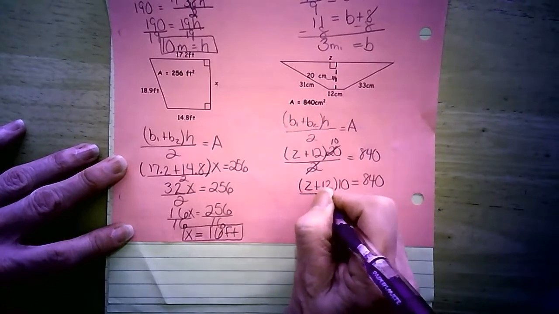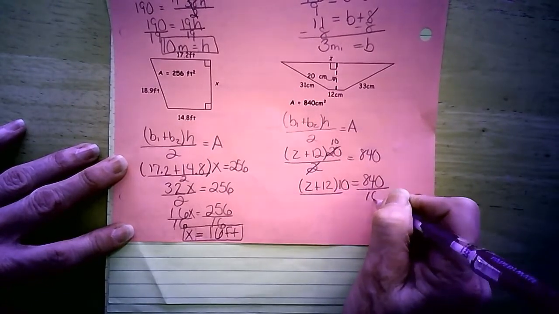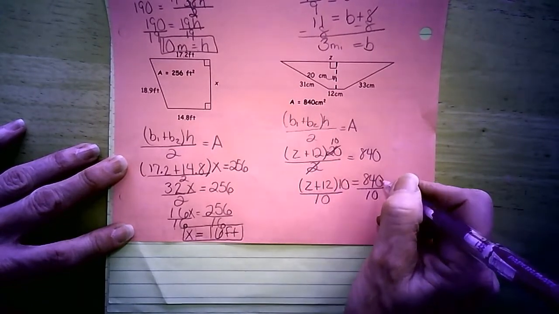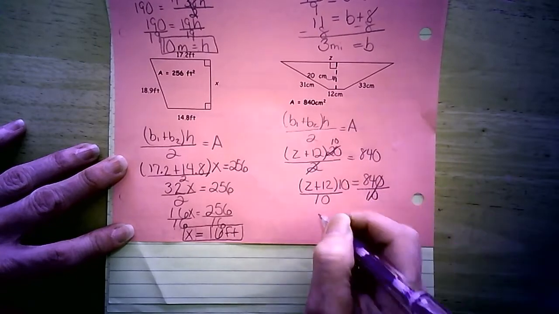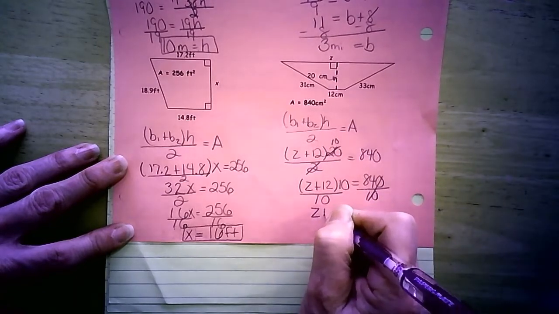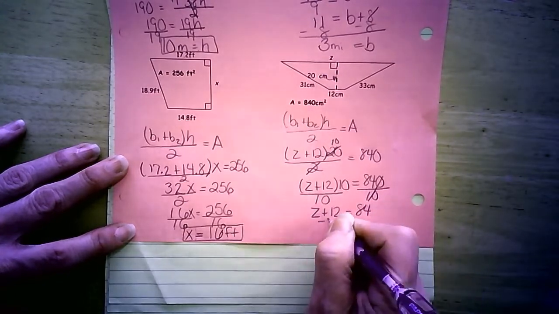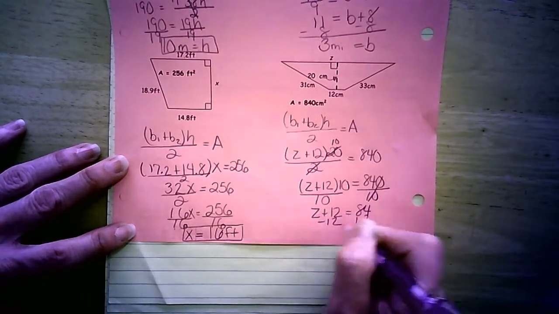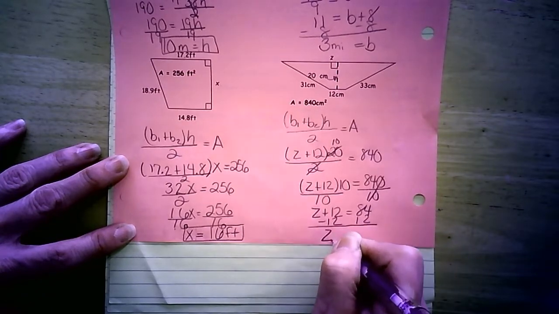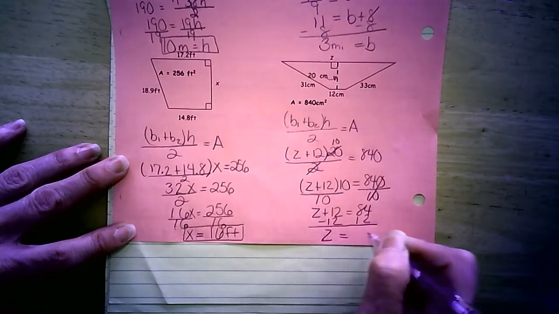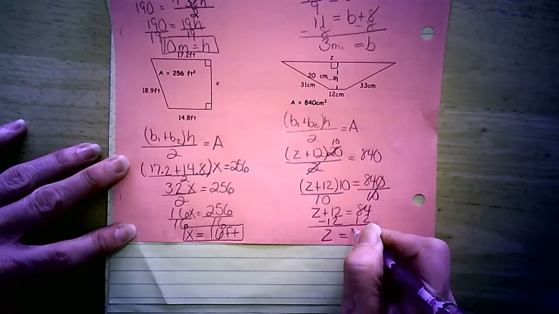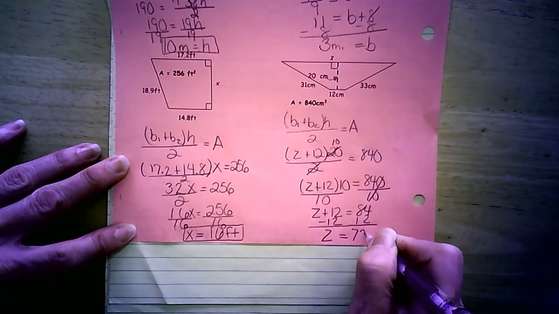I'm going to divide both sides by 10. Look at that, it cancels out nicely, and I get z plus 12 equals 84. I subtract my 12, and I get z is equal to 72.